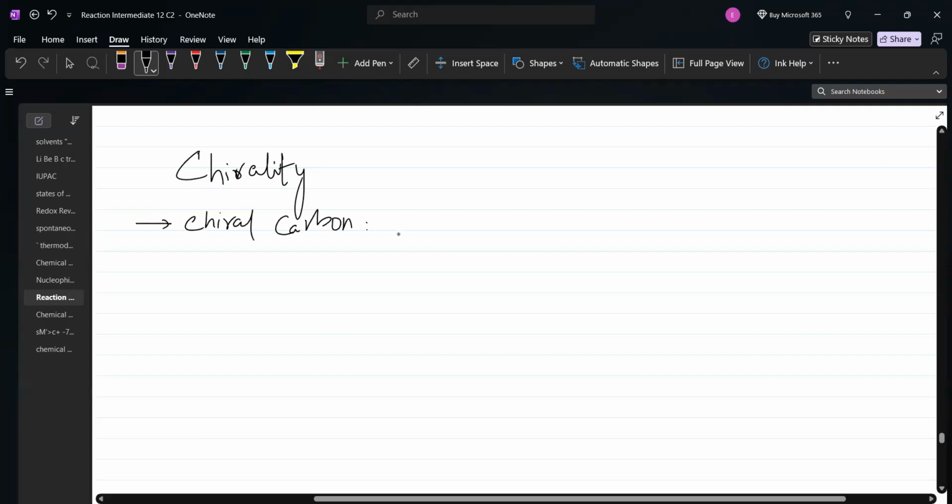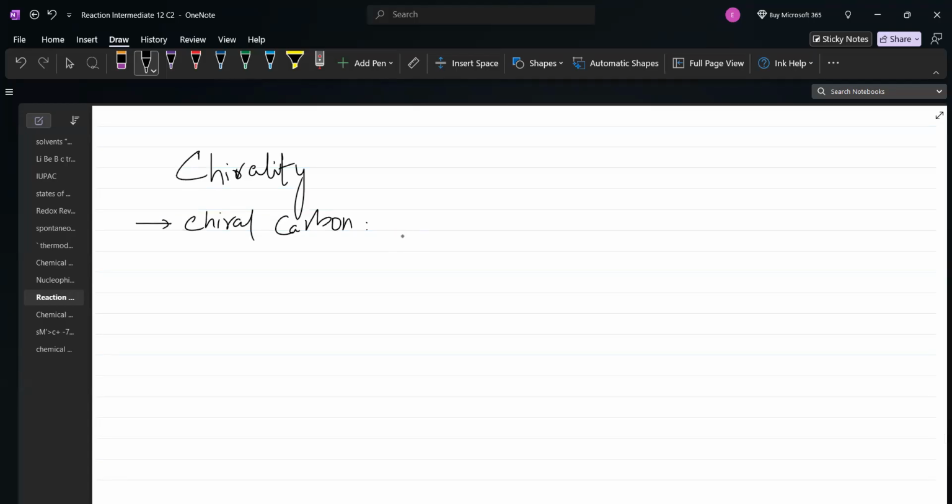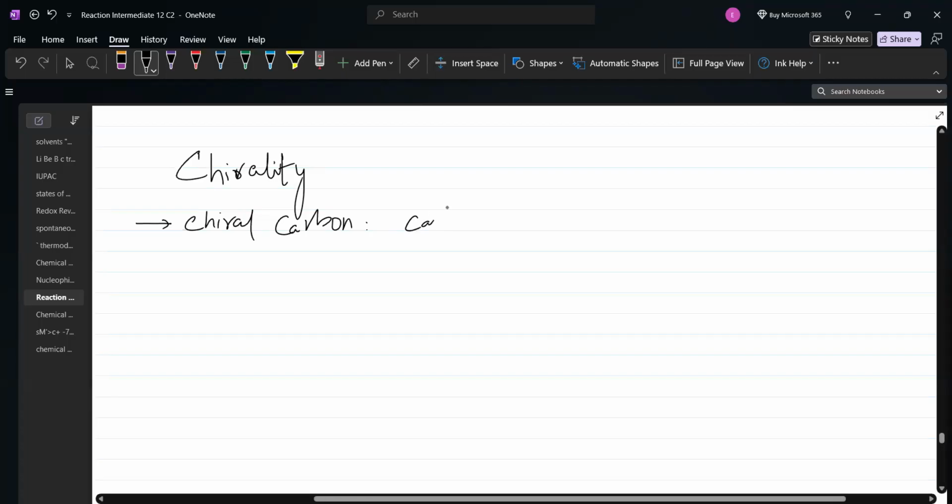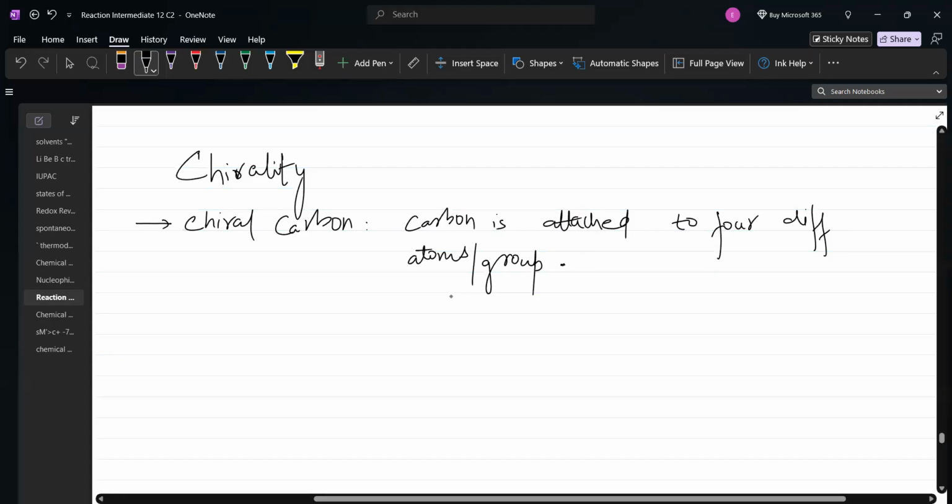So we are going to focus on carbon. Obviously, we are doing organic chemistry. So, chiral carbon: when carbon is attached to four different atoms or groups, the carbon will be known as chiral carbon.